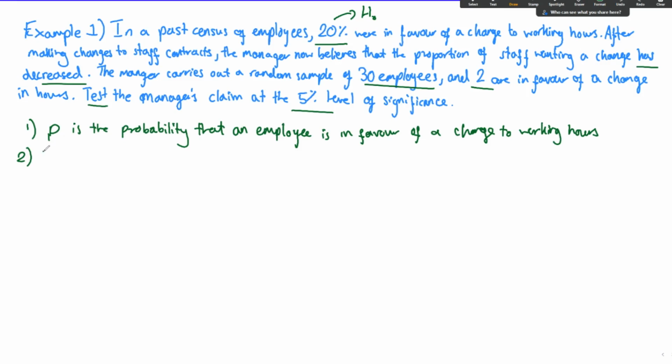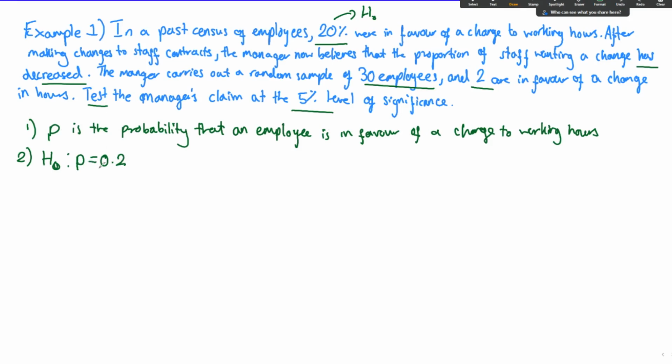So all you have to do is put H0 to determine that it's the null hypothesis, colon, and that P equals 0.2. So we're saying our original statement is that the probability that an employee is in favor of a change to working hours is 0.2. So that's all we're saying.